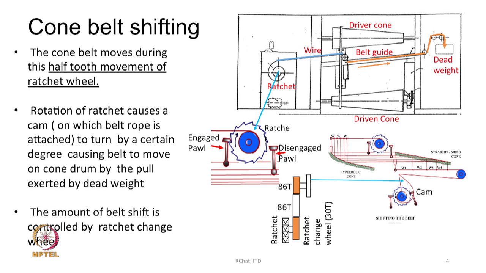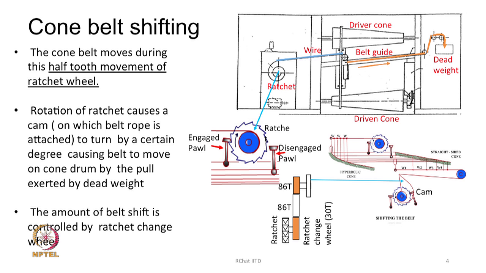As the cam turns by a few degrees, the cam is connected by wire rope to the belt guide, and hence the belt guide will move towards the right hand side and shift the belt.